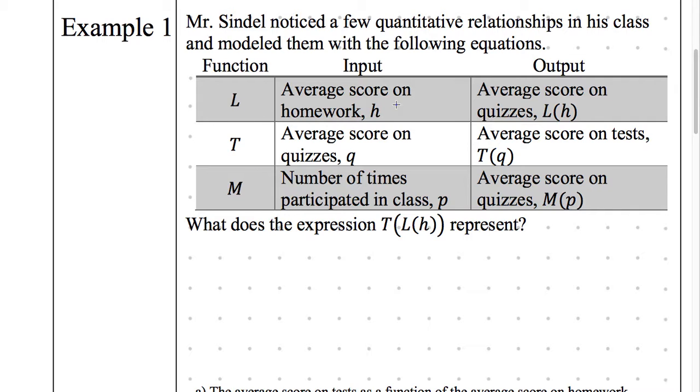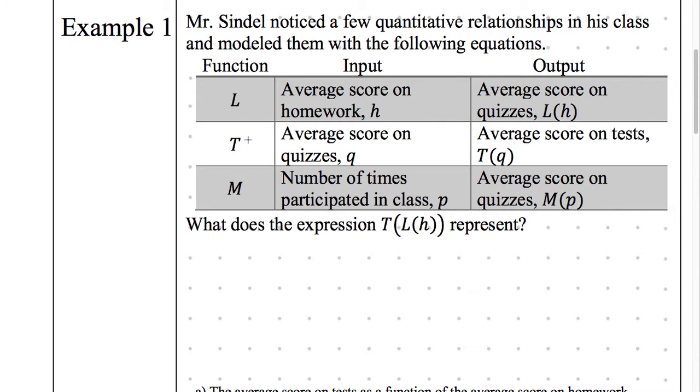For example, this will be L of H. My input for L is your average score on homework, represented by the variable H. This function will take in your score on homework and output your score on quizzes. So, I got a 90% on homework, go through the function, and it turns into an 80% on quizzes. I found a formula that converts your homework score into your anticipated quiz score.